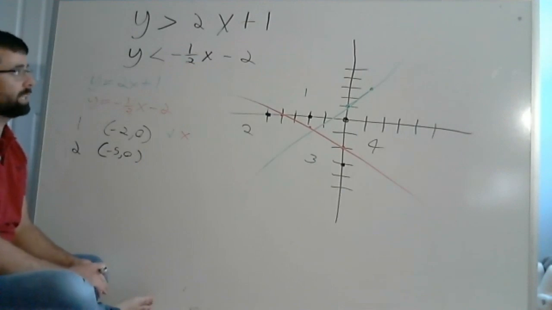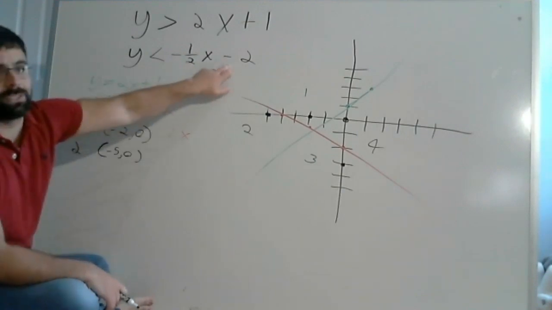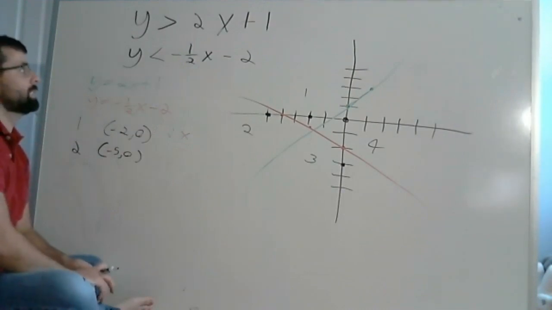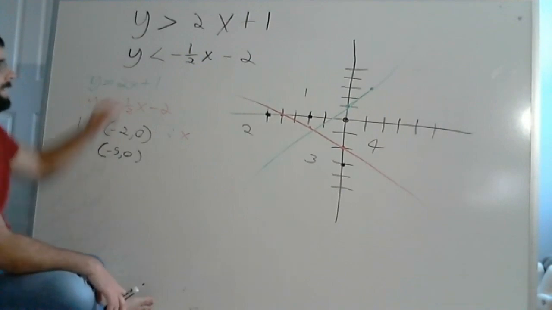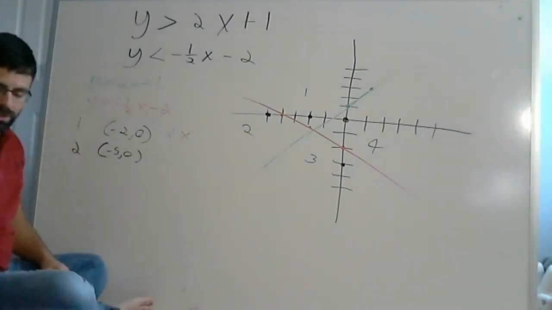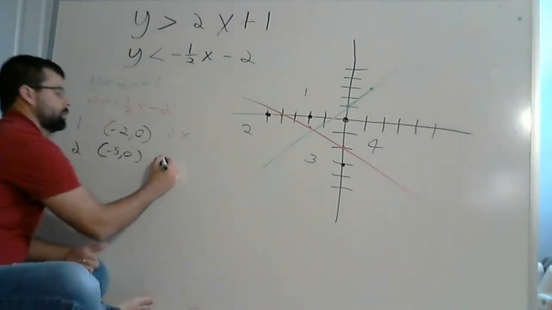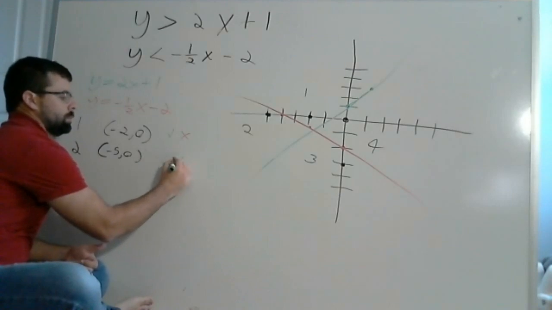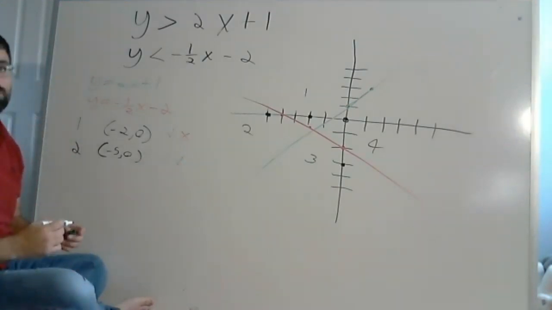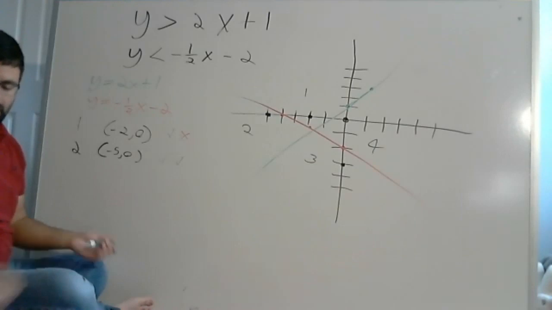Subtract 2 from that and you get +0.5 is greater than 0, which is true. So these both work.